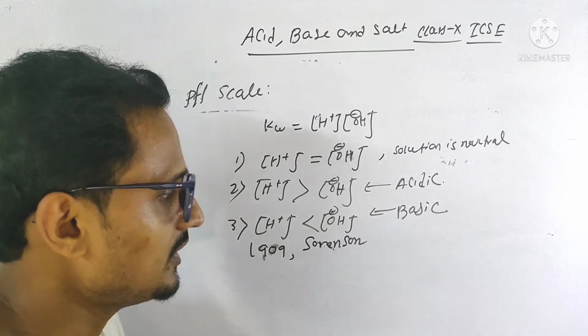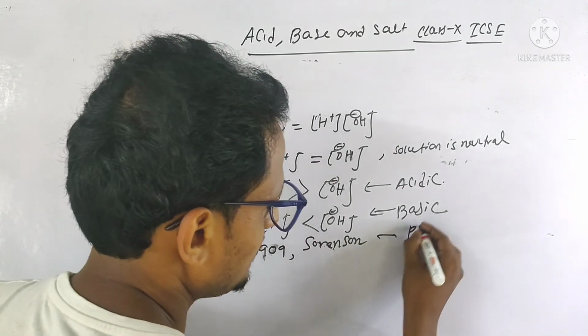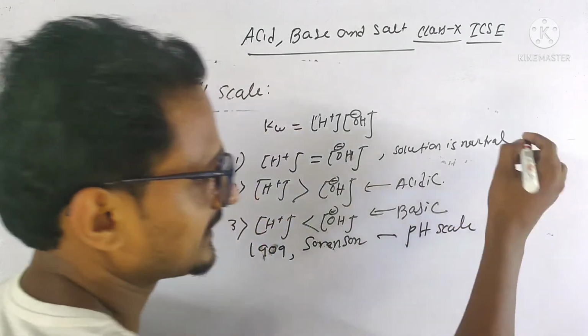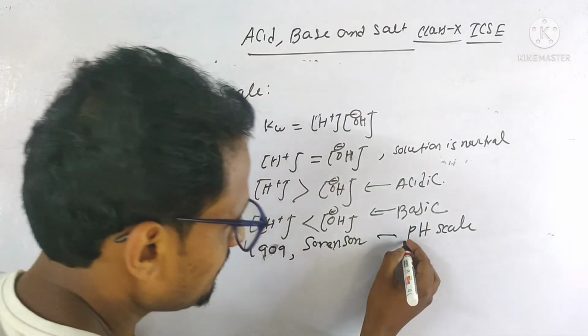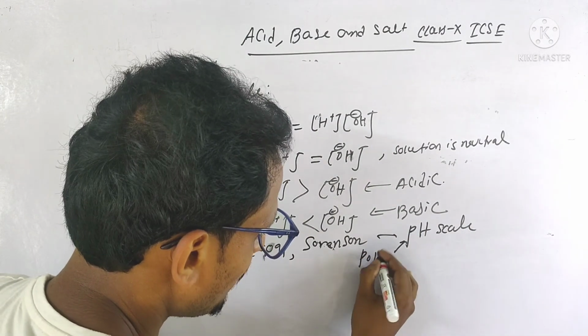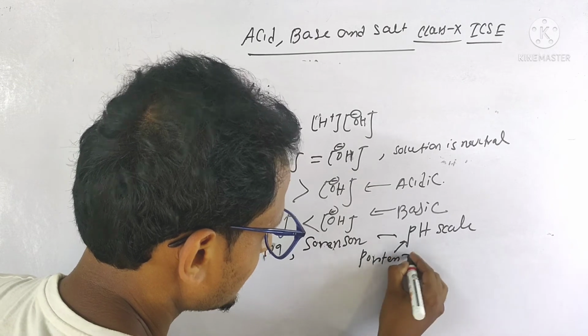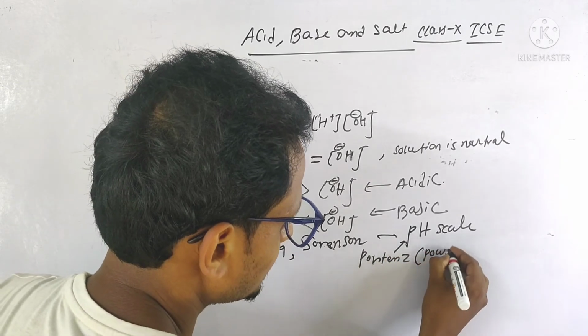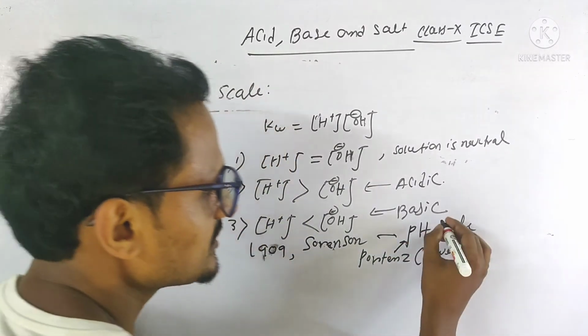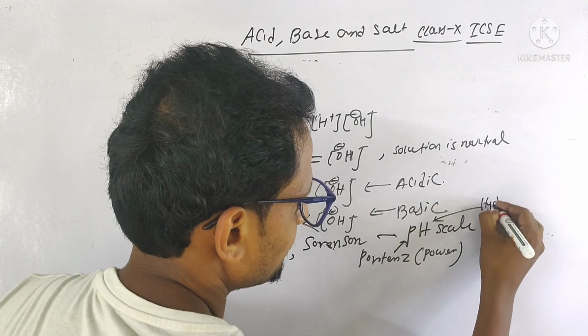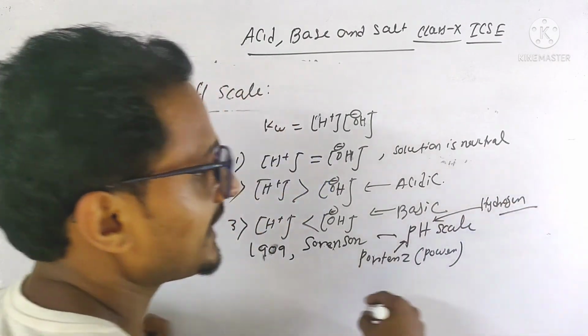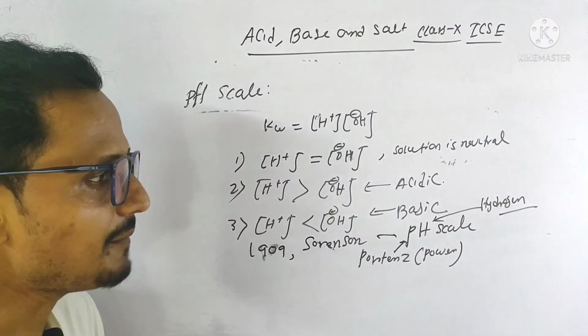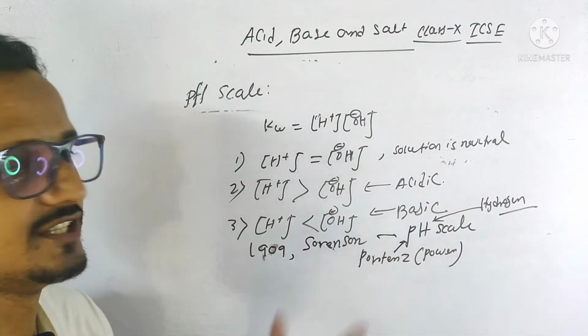That is called the pH scale. Here P denotes potential, that means power, and H denotes hydrogen, so pH is the power of hydrogen ion, the power of H plus ion.